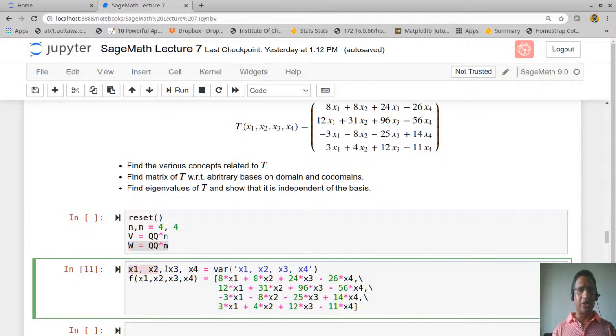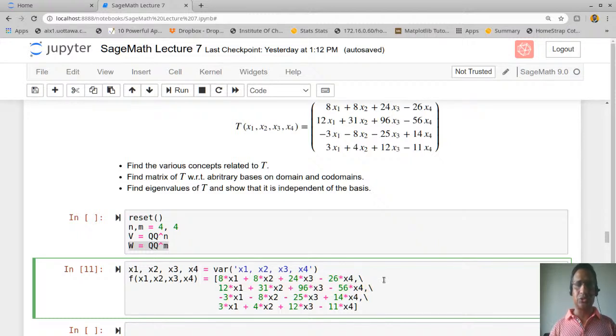First you need to declare x1, x2, x3, x4 as variables. These are the variables here, and then define the function f of x1, x2, x3, x4 equal to this list of coordinates. The first coordinate is this, the second coordinate is this, the third coordinate is this, and so on. The backslash means that you are just breaking the line.